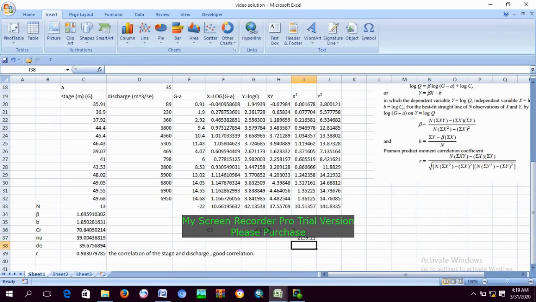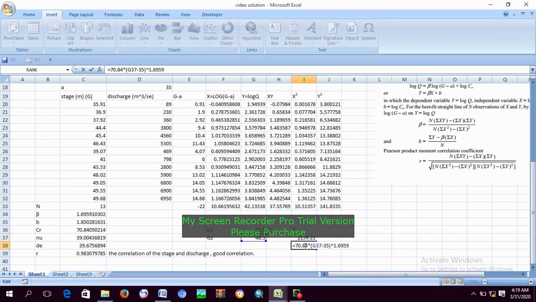Enter. So this value is the value of Q at a gauge height of 42.5. For G2 equal to 48.5, we can drag it.